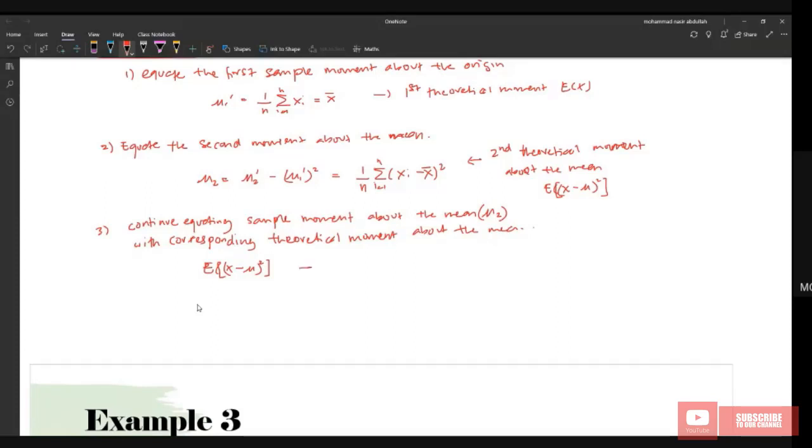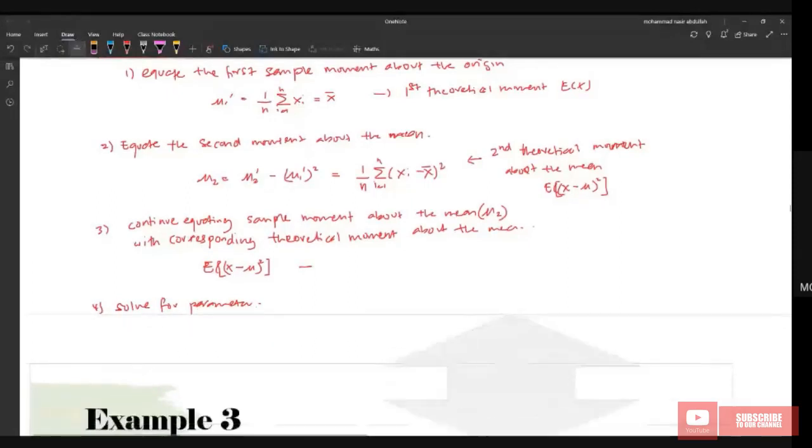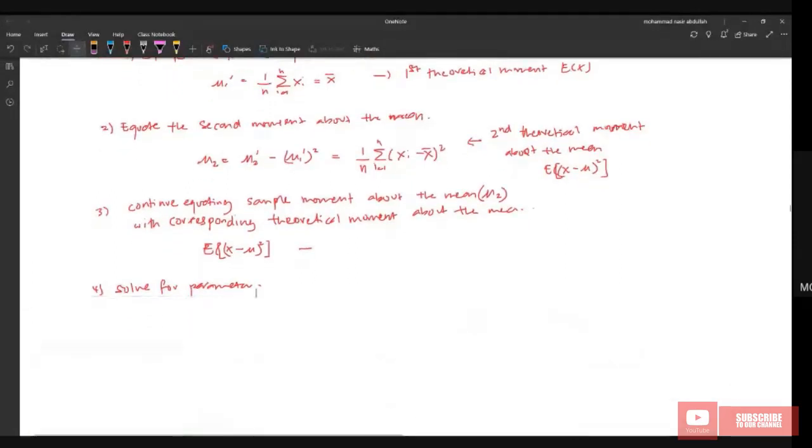So we need to solve for the parameter. Step number 4, solve for the parameter. So this is the 4-step method that we're going to use to solve for alpha and beta, right?